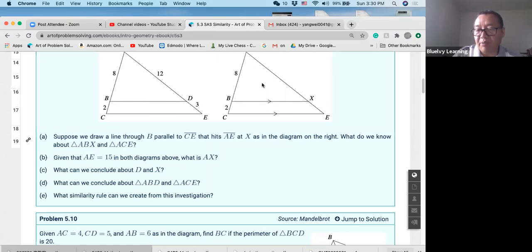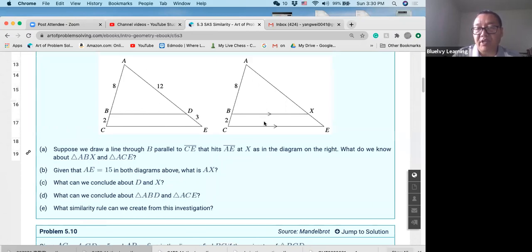Triangle ABX is similar to ACE. Then given AE equals 15, in both diagrams above, what is AX? AX will equal 12, right?